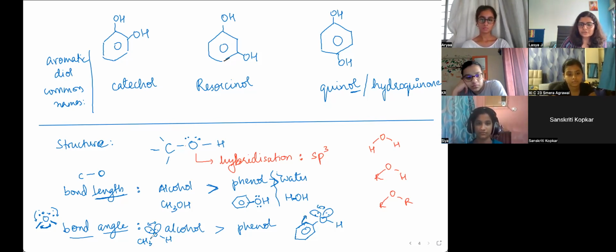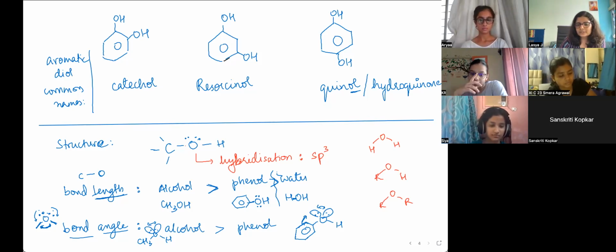It has that normal old regular bond only. So in regular alcohols, methanol, ethanol, the lone pair repulsion is more than what you'd find in phenol. So the bond angle of phenol is greater than alcohol. No, it will be lesser. Sorry, the other way around, lesser than alcohol.